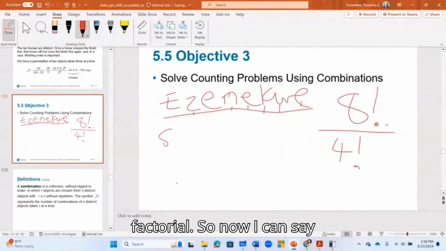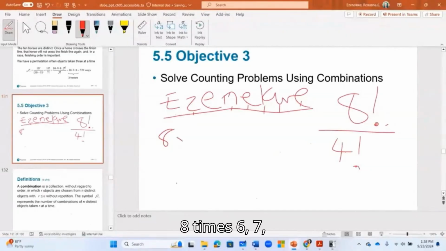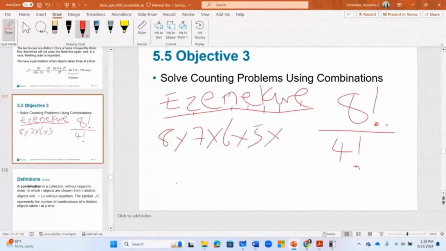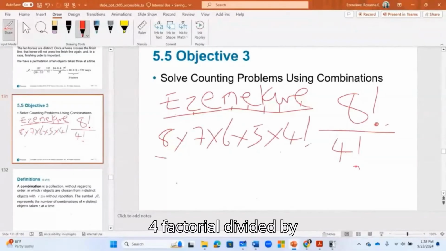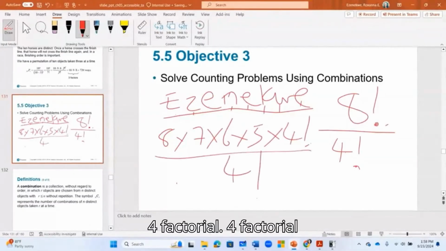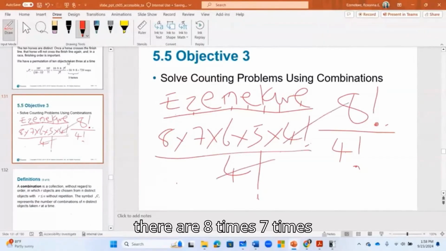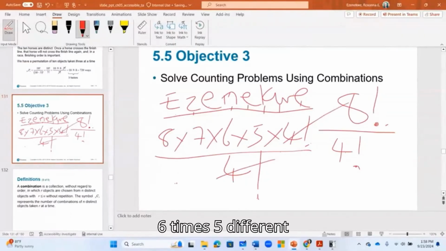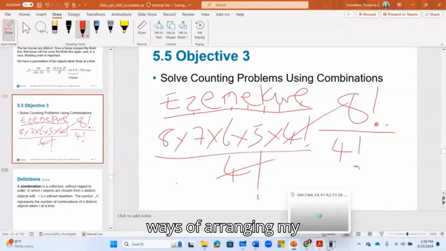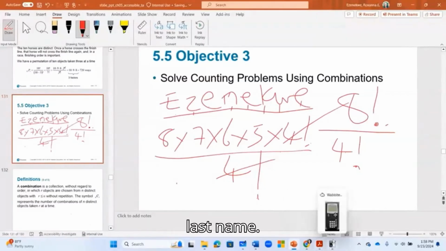So now I can say 8 times 7 times 6 times 5 times 4 factorial, divided by 4 factorial. 4 factorial cancels 4 factorial. Therefore, there are 8 times 7 times 6 times 5 different ways of arranging my last name.